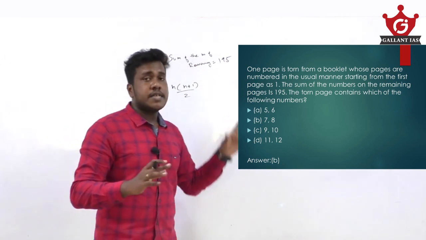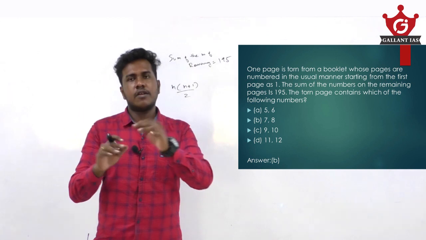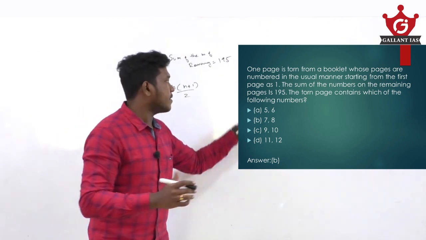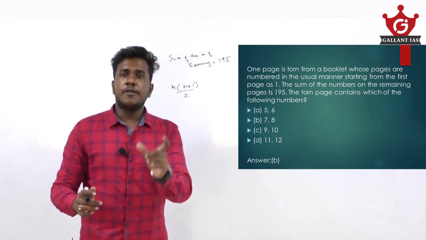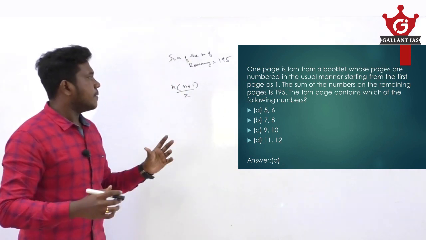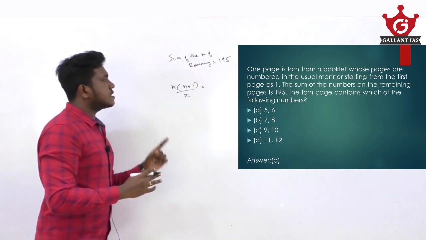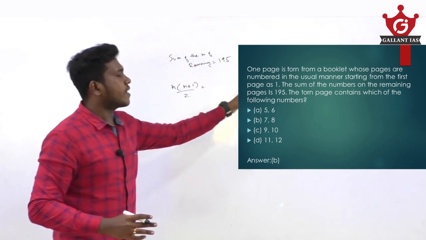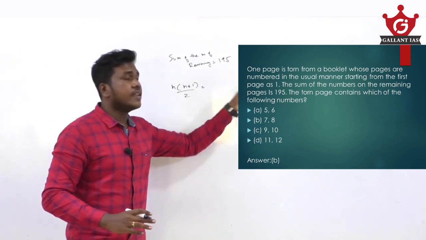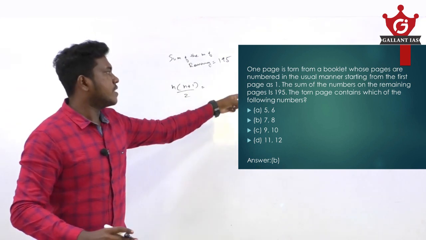Okay, that means when you are not tearing out that paper, the sum will be greater than 195. Now here you need to substitute a value for n in such a way that the sum should be greater than 195 and nearer to 195. One paper is torn out and the sum is reduced.